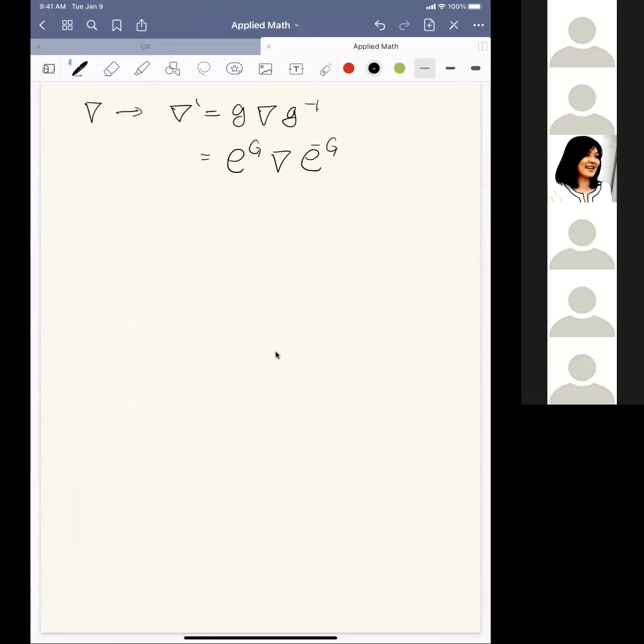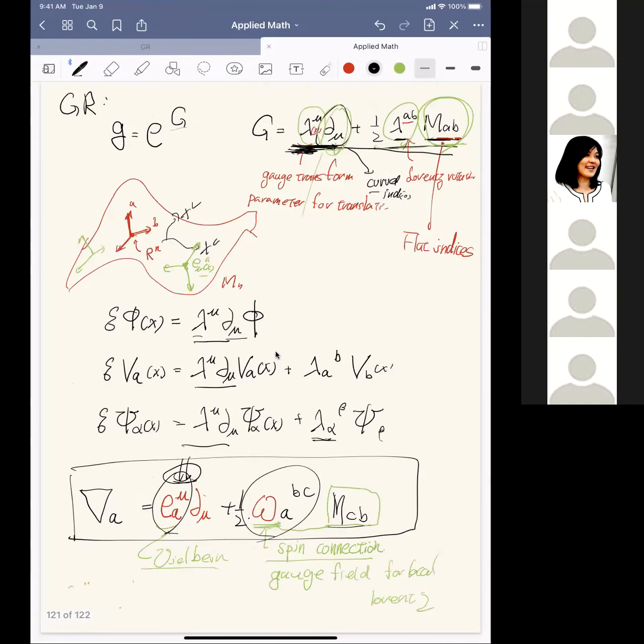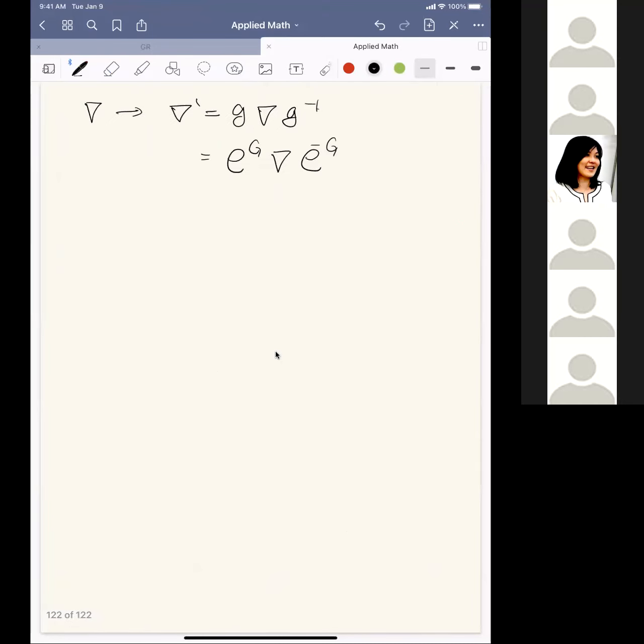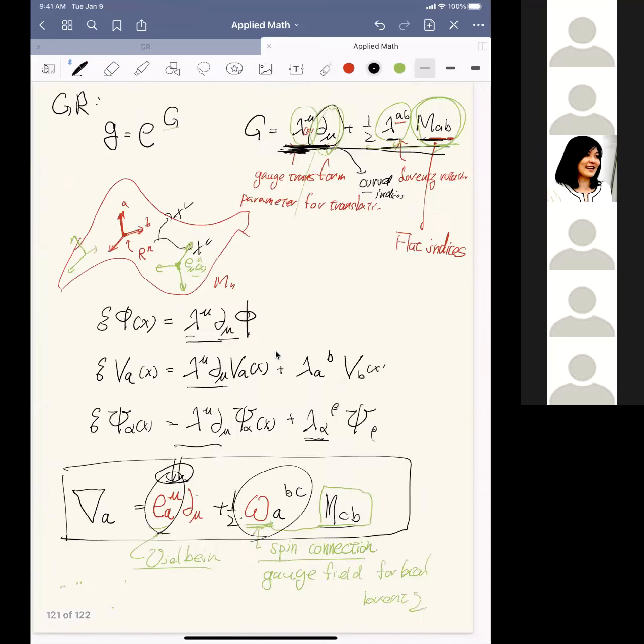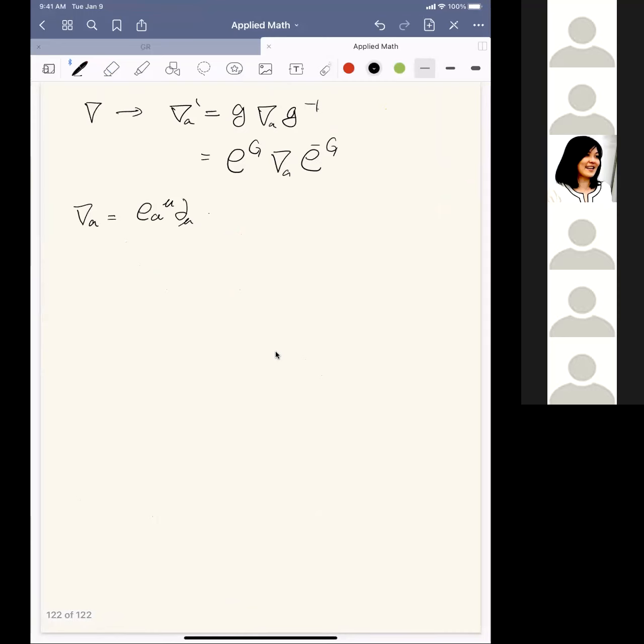So this is the homework that I want you guys to do. The homework is to use this definition here. Remember my delta is now written as exponential of A^mu partial_mu, sorry, I forgot whether it was plus or minus, plus 1/2 omega^a_bc M_cb.